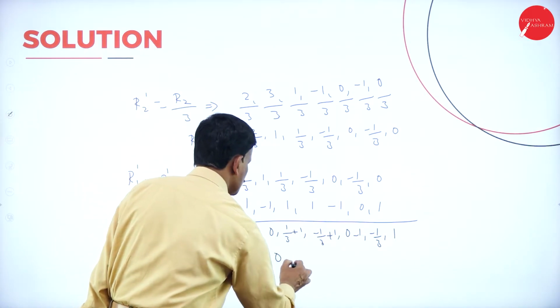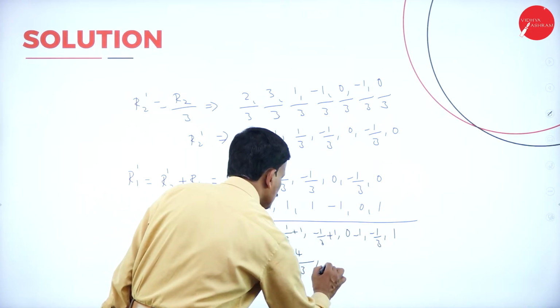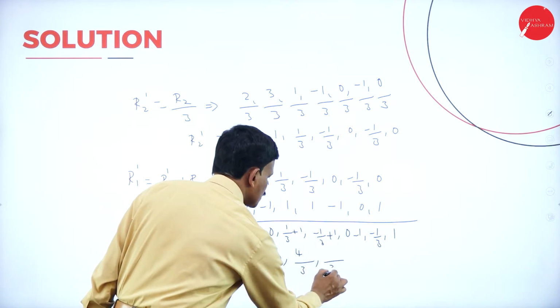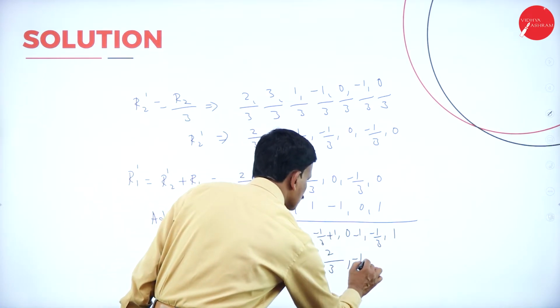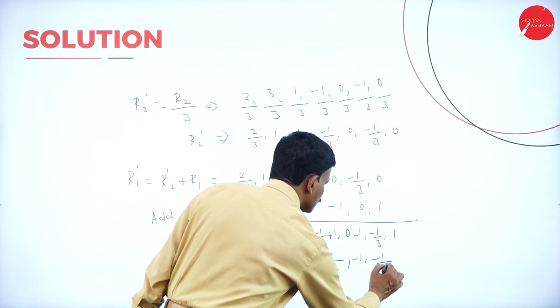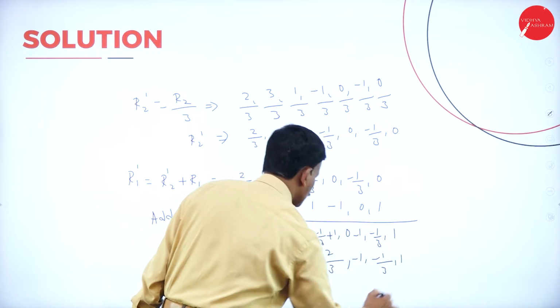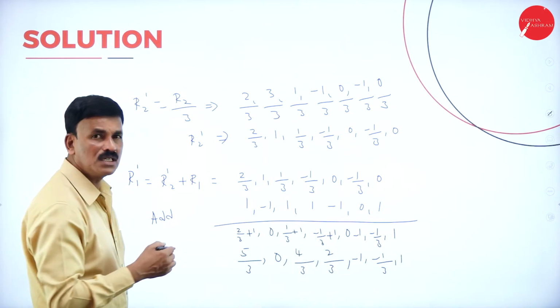This is 0 as it is. Again 3 is the LCM. 3 ones are 3 plus 1 is 4 by 3. 3 is the LCM here. 3 ones are 3 minus 1 is plus 2 by 3. This is minus 1 and again this is minus 1 by 3, comma 1. These are the elements. Okay, let me write these values in the table.